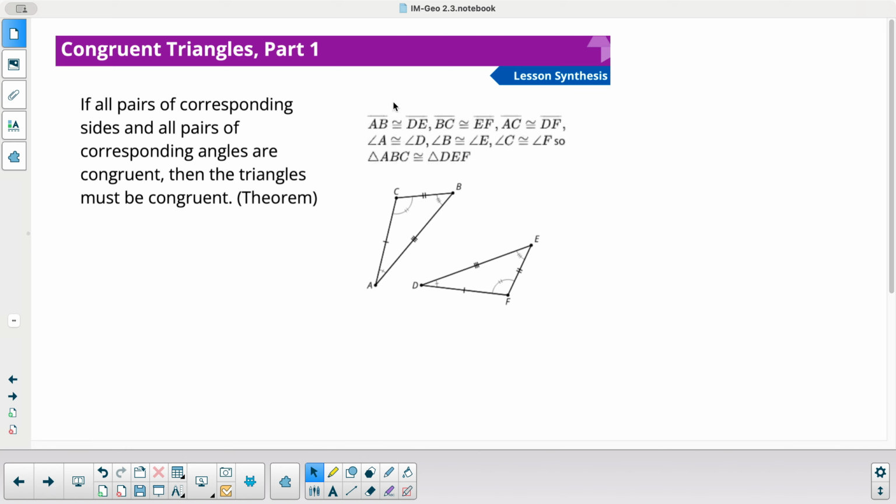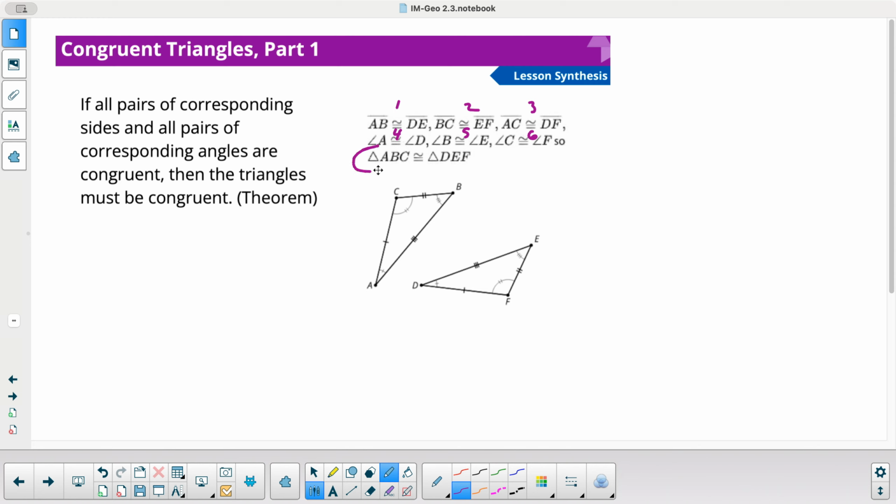All right, so just a quick review here. Corresponding sides, corresponding angles, and a congruent statement. So, if I have all 6 pieces of corresponding parts, so I have 1, 2, 3 pairs of congruent sides, 4, 5, 6, I have 3 more pairs of congruent angles for a total of 6 congruent parts.